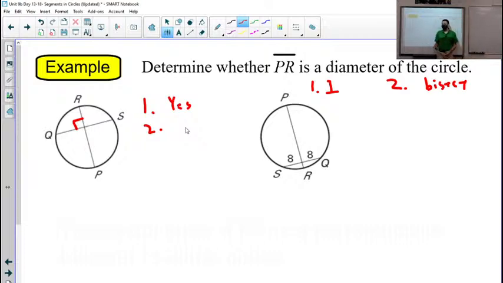But you need something that shows that these two pieces are exactly the same. It cannot just be, well, they look the same. It has to be, there's some tick marks here, or there's some measurements that are the same that I'm putting in front of you. In this case, there's nothing else marked in this diagram. So we are not told bisector.